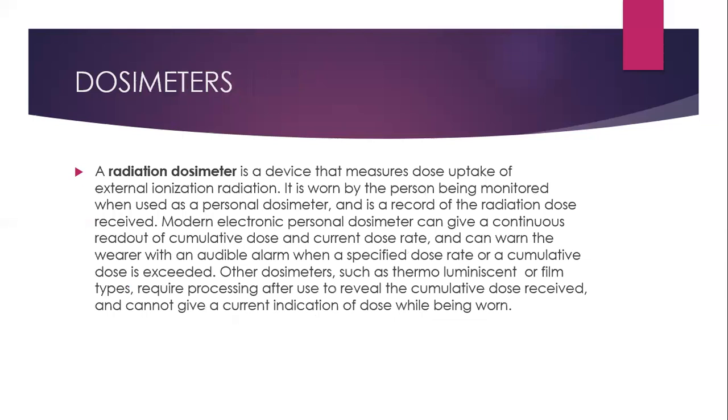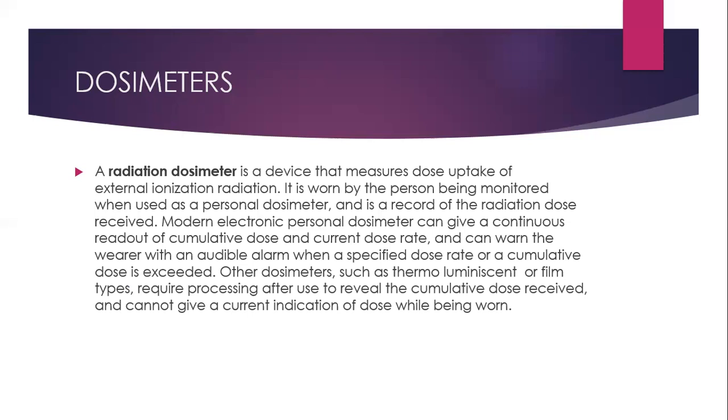Dosimeters. A radiation dosimeter is a device that measures dose uptake of external ionizing radiation. It is worn by the person being monitored when used as a personal dosimeter and is a record of the radiation dose received.